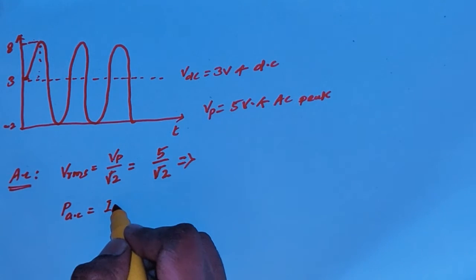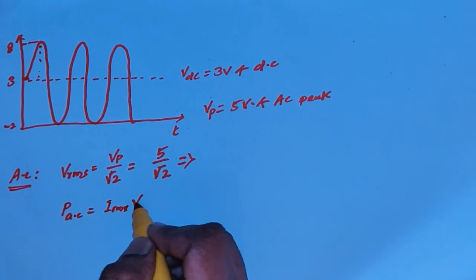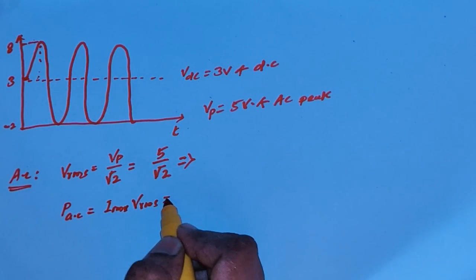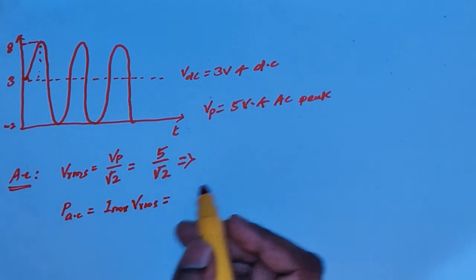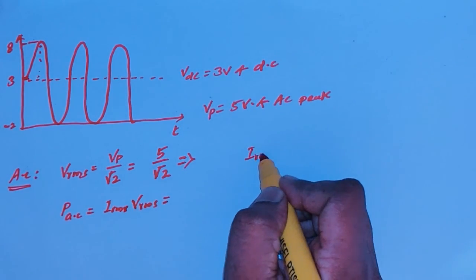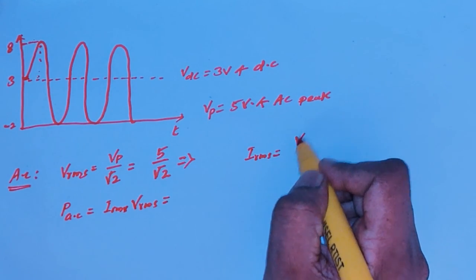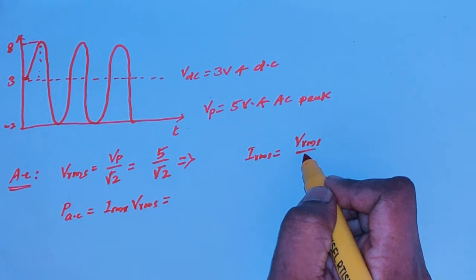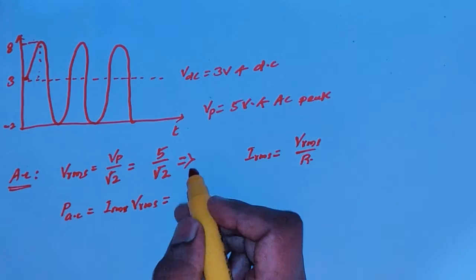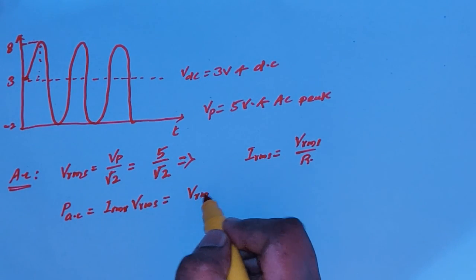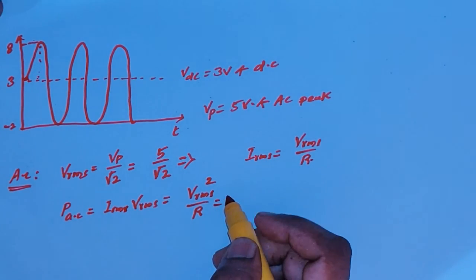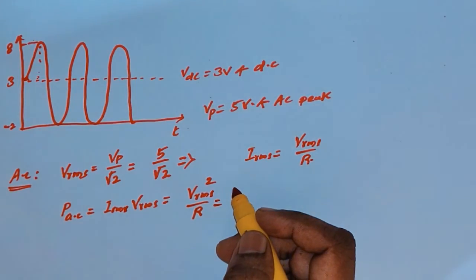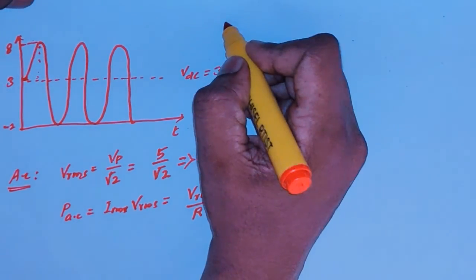This is equal to Irms times Vrms. Power means the root mean square voltage times the root mean square current. We know the root mean square current should be equal to the root mean square voltage divided by the resistance. So if you substitute that, it will give Vrms square divided by the resistance. The given resistance in this case is 1 ohm.